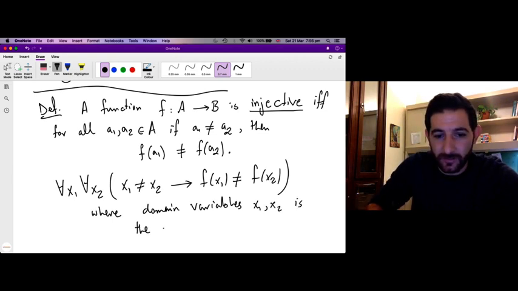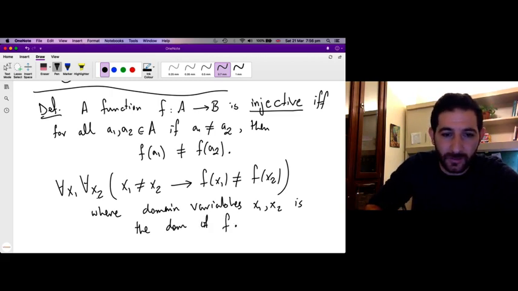It is the domain of the function. Okay, so here x1 and x2 come from the domain of the function, A in this example.